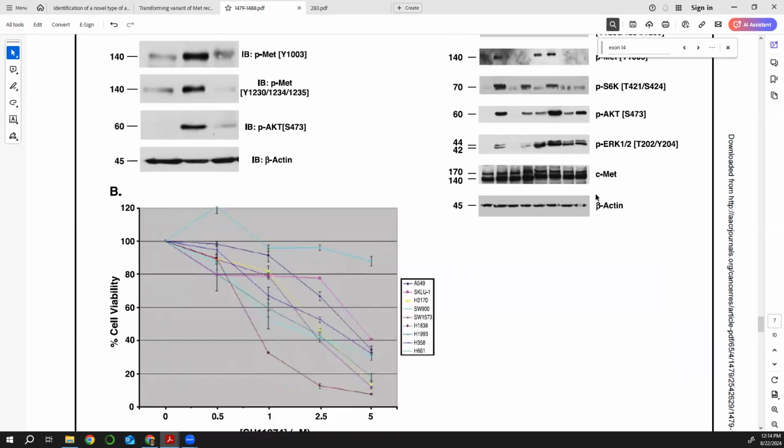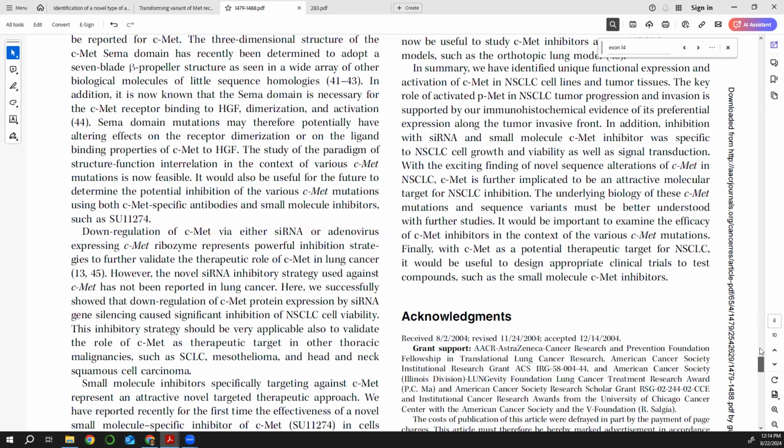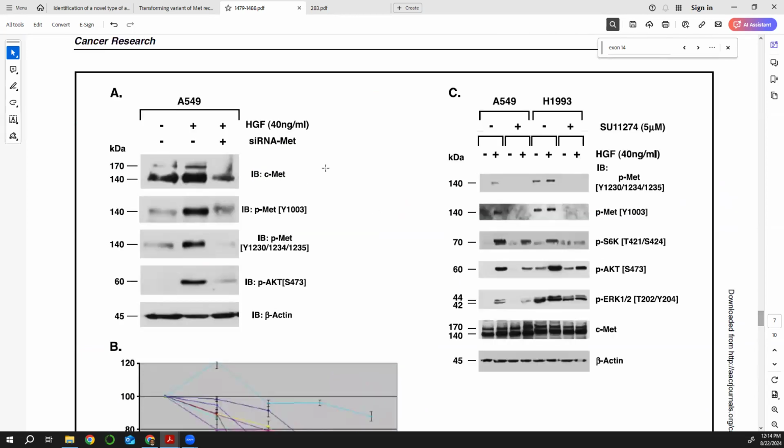So all of these results are very interesting. They're all done in vitro, and it all points towards MET being an interesting target for non-small cell lung cancer. I think there's more work that needs to be done here.